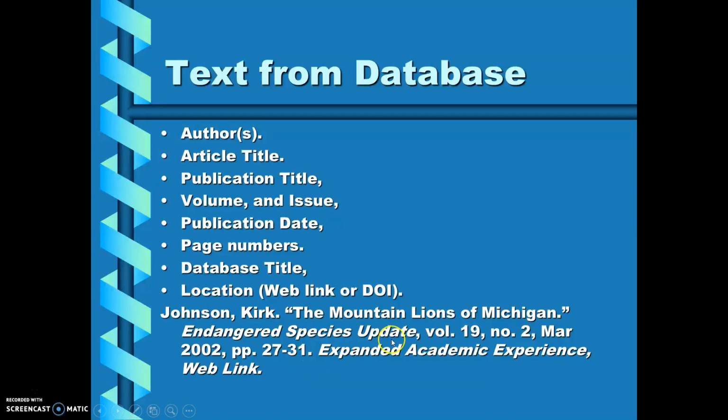The DOI number would follow the title of the database, and if you can get the DOI number, that is preferable to just having the web link, okay? If you can find what is known as the DOI number, and again, I know that all of this is new to most of you, so if you need further explanation, don't hesitate to contact me. That's what I'm here for, okay?